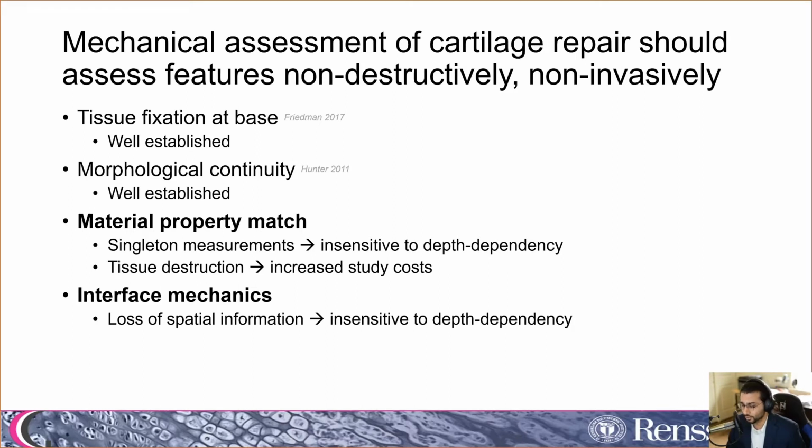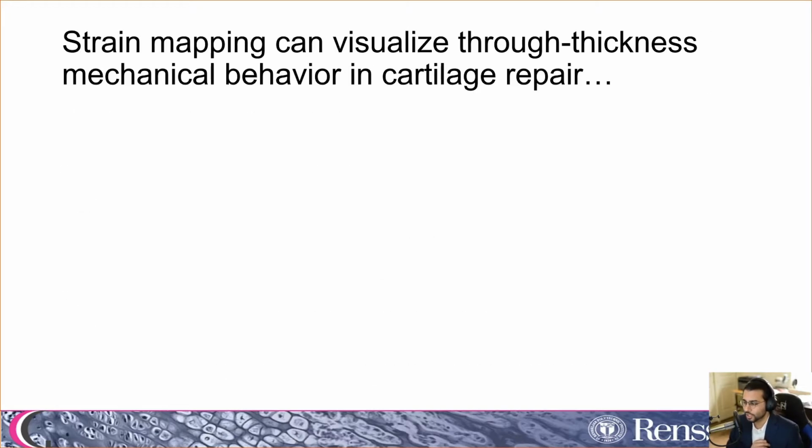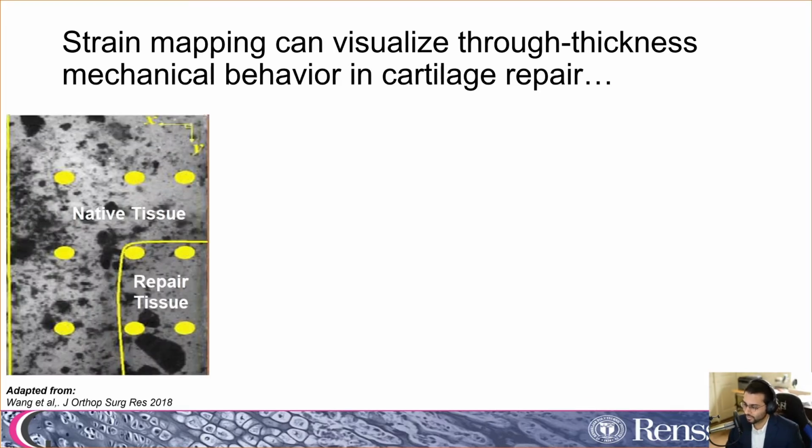So to address these issues, we need to visualize mechanical behavior to the full depth, non-invasively and non-destructively, so we can reuse the samples, which pushes us towards an imaging-based assessment. Fortunately, tissue engineering already recognizes the value of mechanics-based imaging through the use of strain mapping. In this example study here, the authors inserted some agarose as a simple repair tissue in a piece of cartilage.